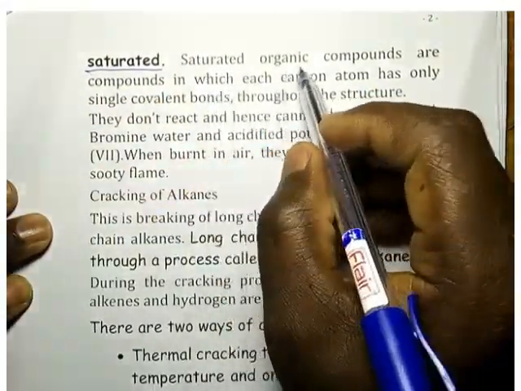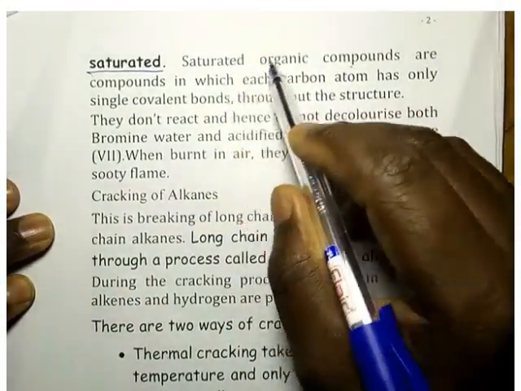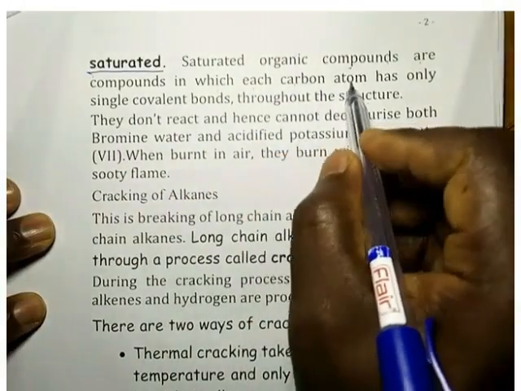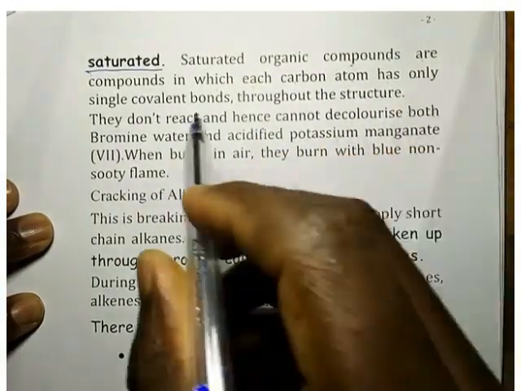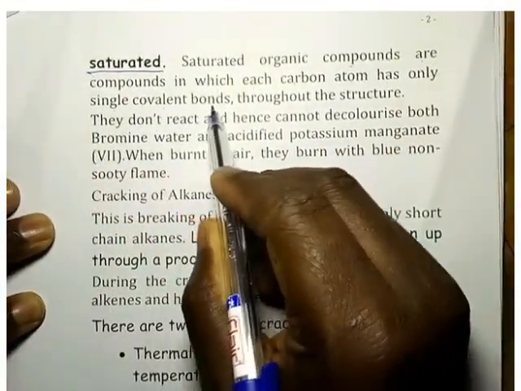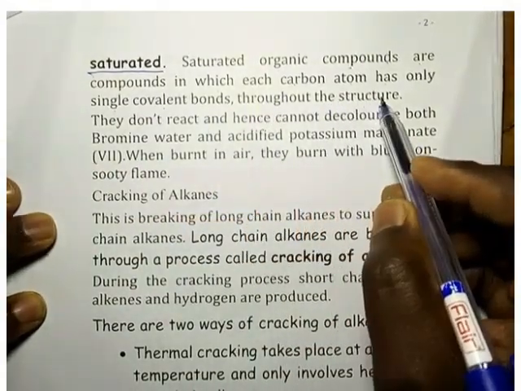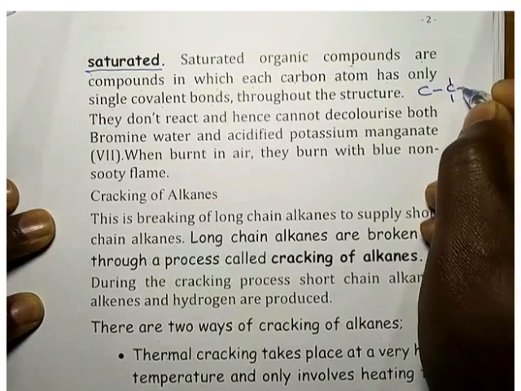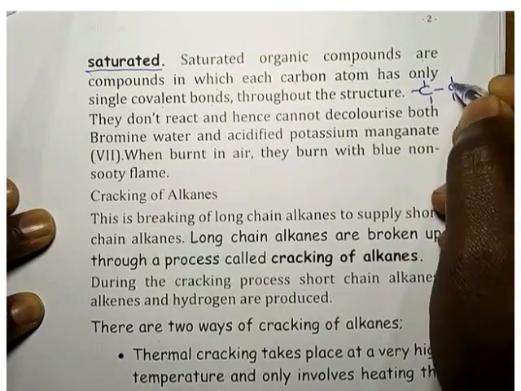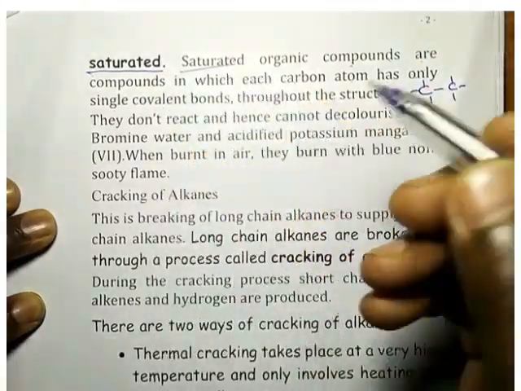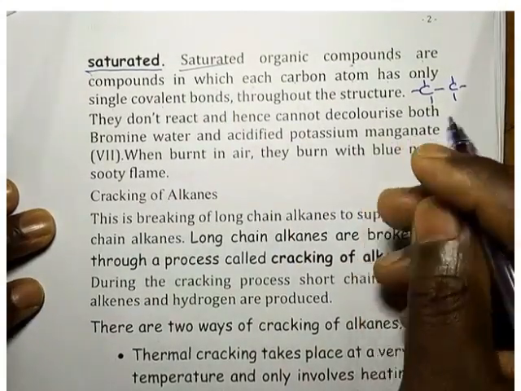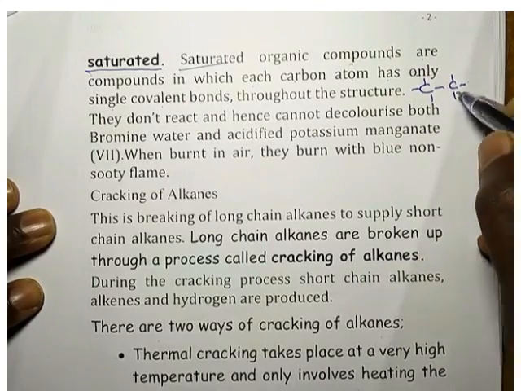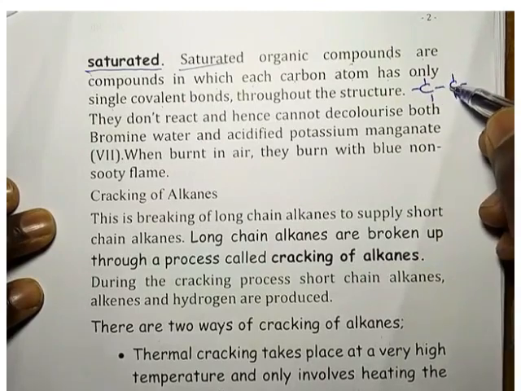Saturated organic compounds are compounds in which each carbon atom has only single covalent bonds throughout the structure. So alkanes, like I have shown you, have a single covalent bond throughout. Therefore, they are saturated, meaning they are stable. That's why they do not undergo most chemical reactions, because they are already stable.